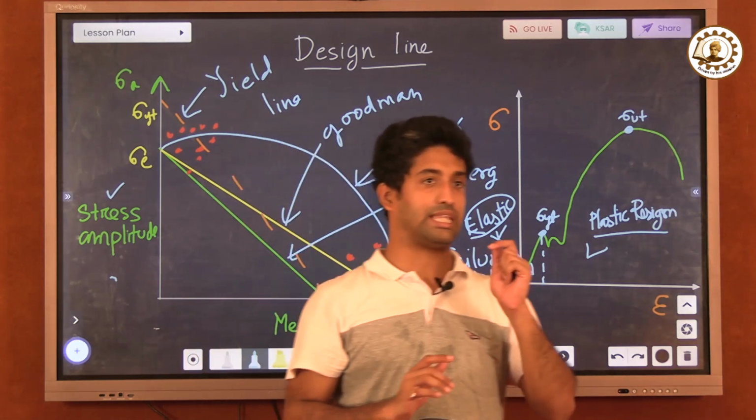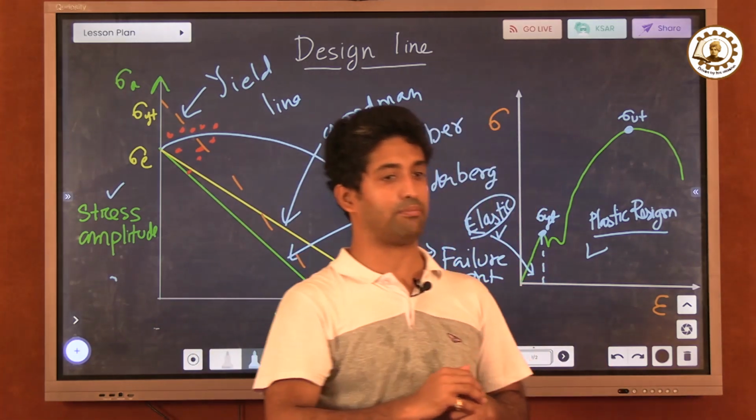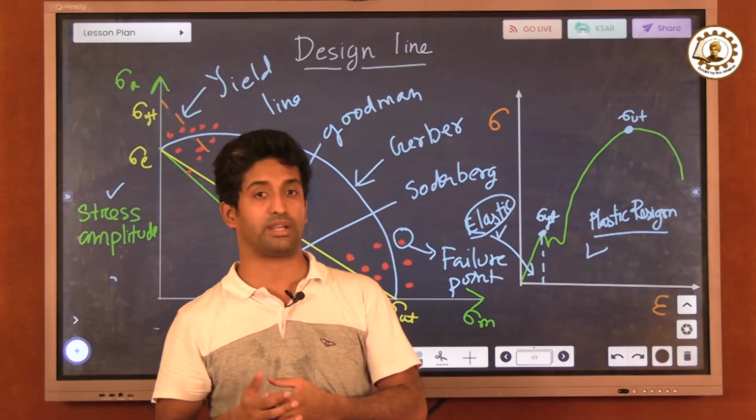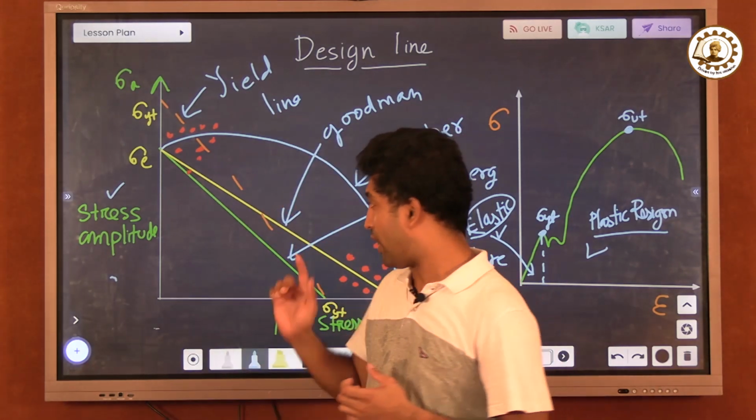Now note, this is the most critical part, where the cost of material or the selection of material becomes most integral. Why?